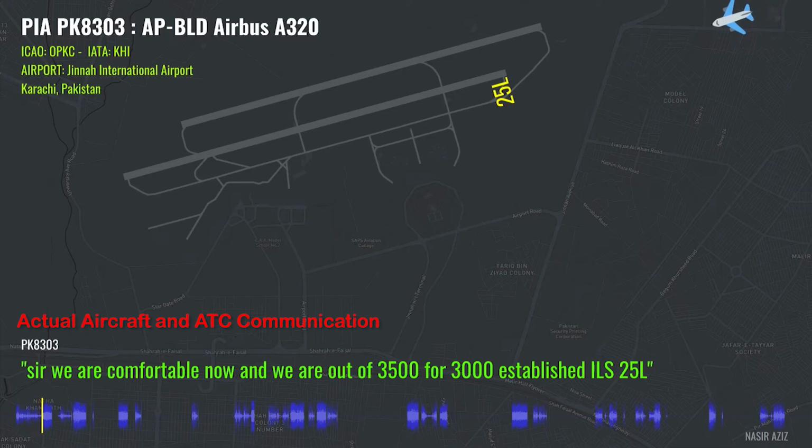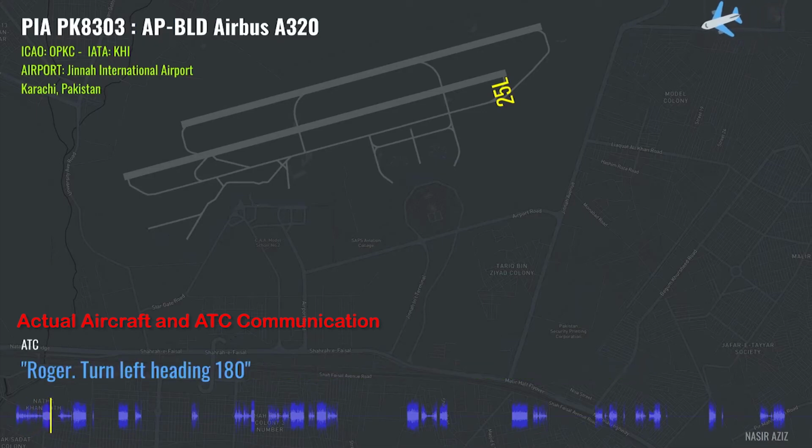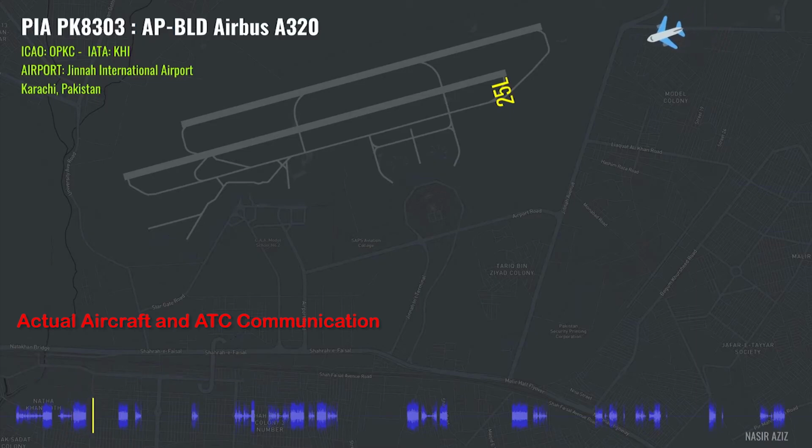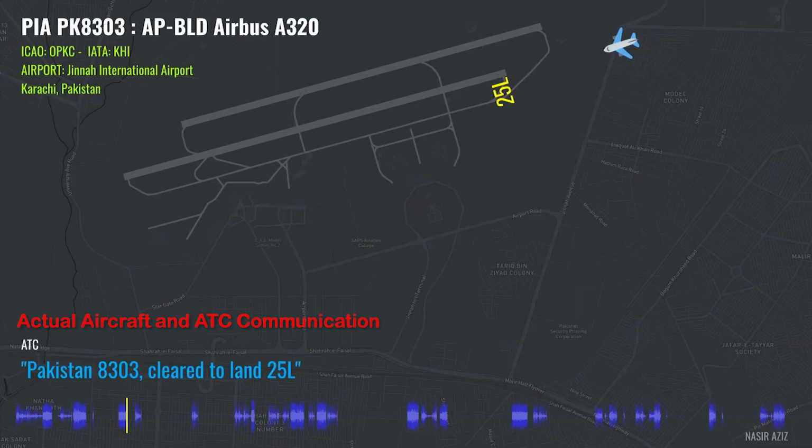Island, 25 left. Negative, turn left heading 180. Sir, we are established on Island, 25 left. So you are 5 miles from touchdown, distance passing 3,500. Clear line 25 left. Roger, Pakistan 8303.